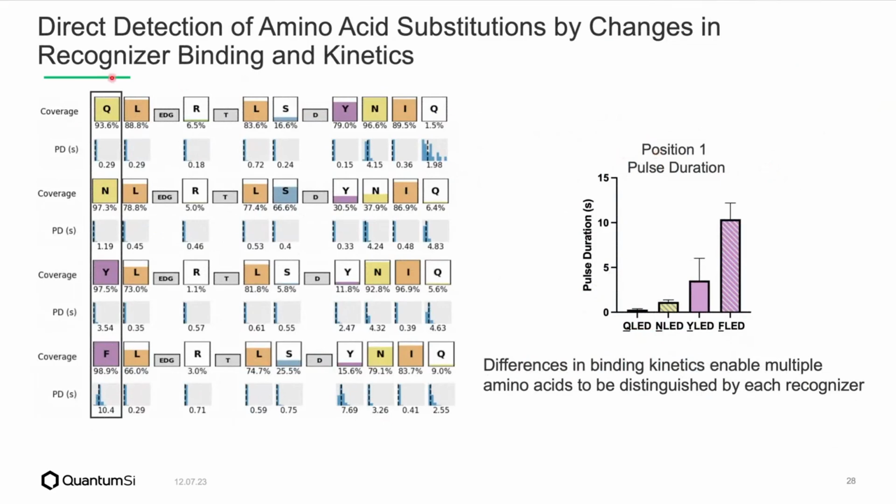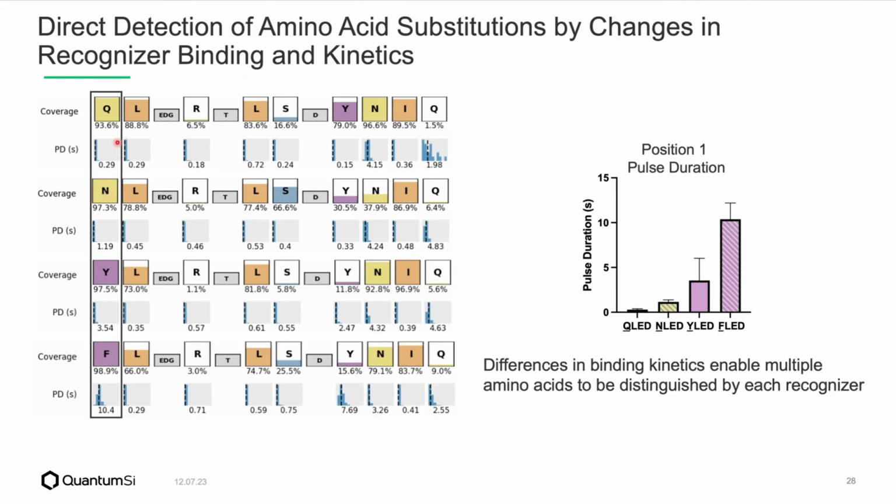Again, we're starting at the top with the wild-type benchmarked peptide with the QLE starting sequence. In the first mutation, we've changed this initial glutamine residue in position 1 to an asparagine. Now, this change in the amino acid sequence only results in a change of our binding kinetics and not a change in the recognition.